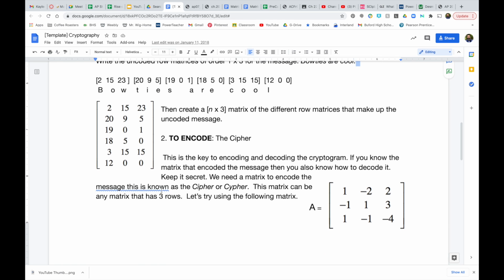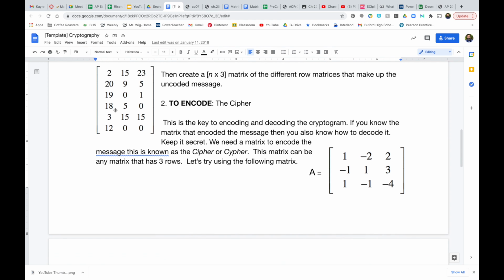So what happens next is we have to have what's called a cipher. We have to have a matrix that can encode my message so that if someone were to get it, you couldn't just simply translate these numbers back into letters, right? We're using a pretty easy way. You would naturally think, well, let's let A be the first one, B be the second one, and if you were to switch it back, that would be pretty easy to do.